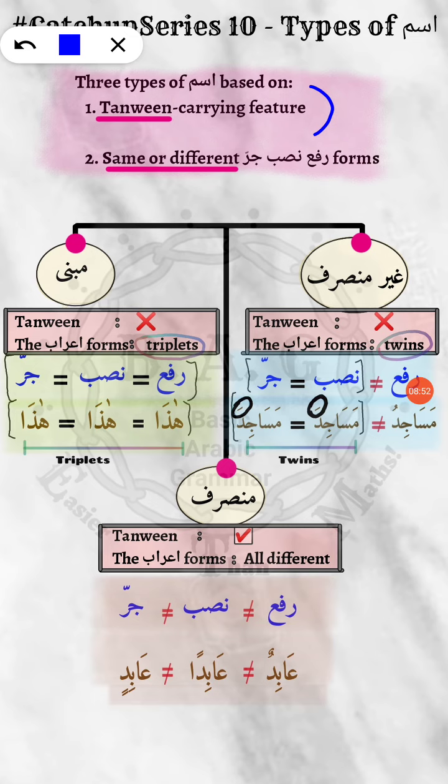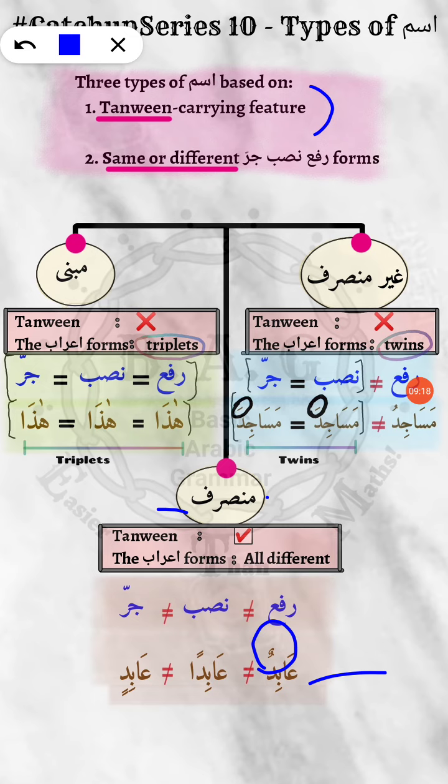Okay, just to sum it all up once again, if you have an ism that carries a tanween, all right, it's going to be munsarif automatically. You don't even need to check the other pointer. Okay, as you can see, this is the only group that has tanween on it. So abidun, abidan, abidin, and you can also see that all the Arab forms are different. All right, they are not similar to each other.